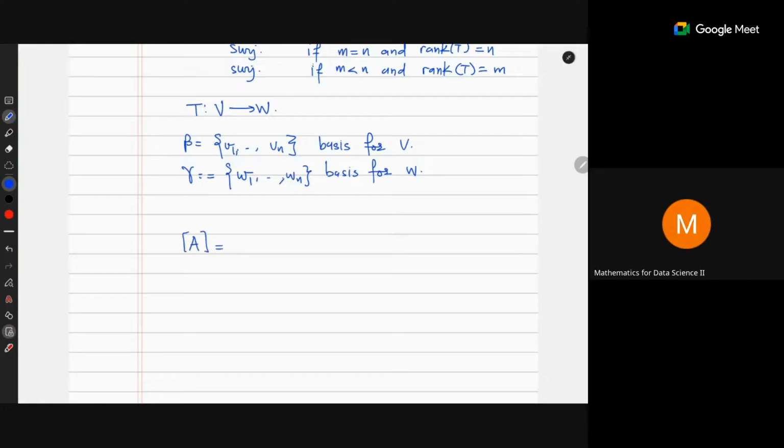The associated matrix is defined by expressing the image of each basis vector of the domain in terms of the basis gamma.